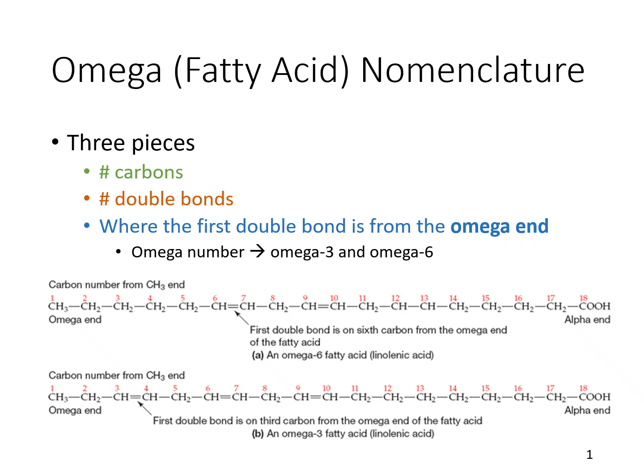If, however, we're counting from the methyl end and we go 1, 2, 3 carbons in, and it's between that third and fourth carbon that we find the first double bond, well, then in that case, it's going to be an omega-3 fatty acid.